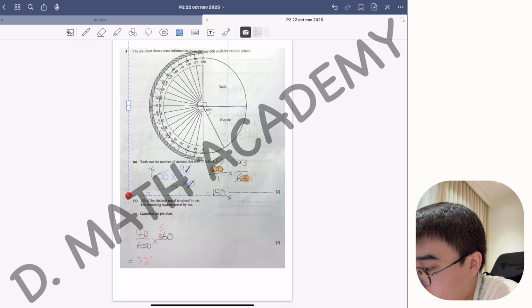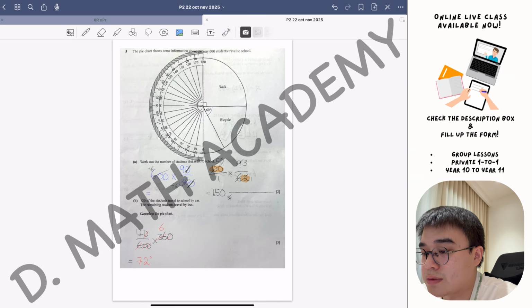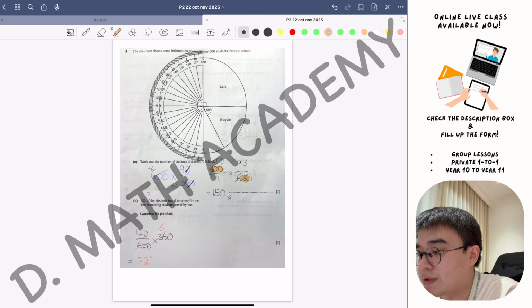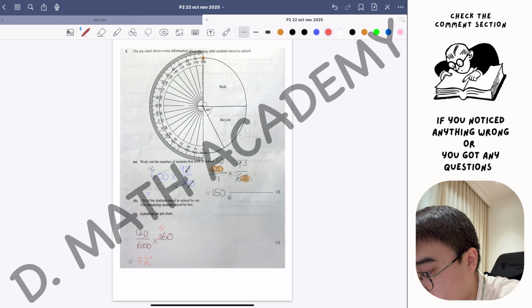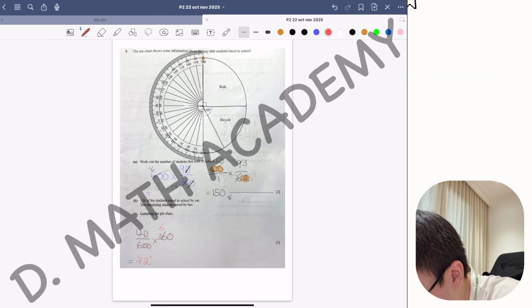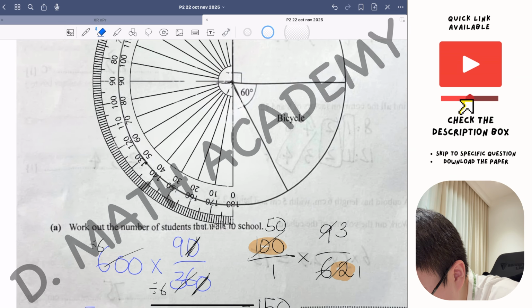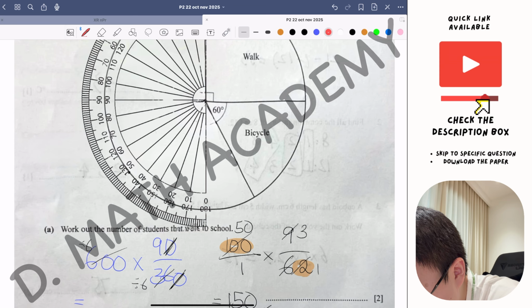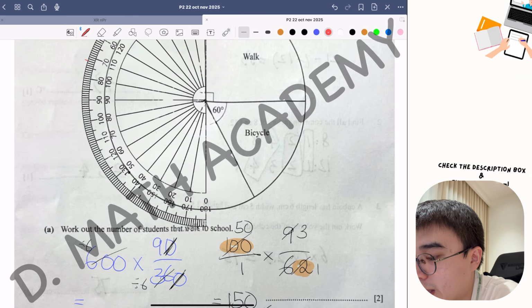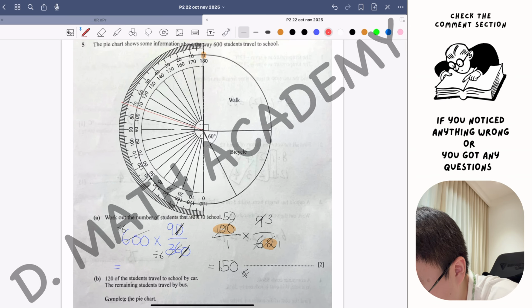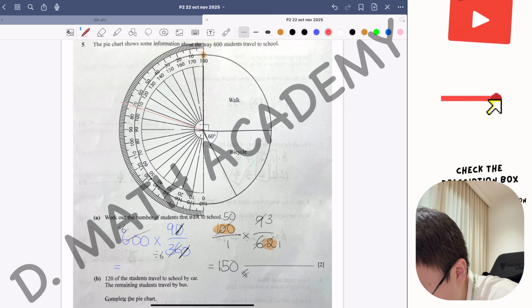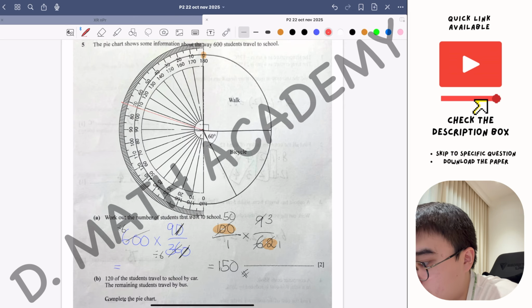Depending on which direction you're looking at, since I'm using the outer ring, which is the 0 here, the 72 degrees should be located somewhere around this part, looking at the outer ring. So make sure you join a line connecting from the center to this, then you should be good to go.